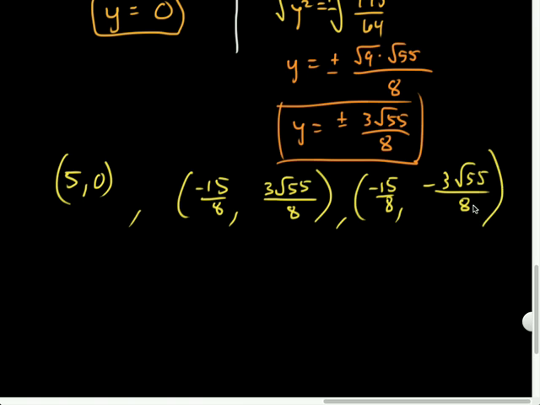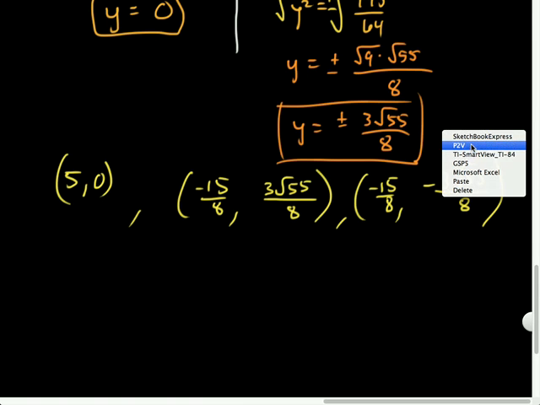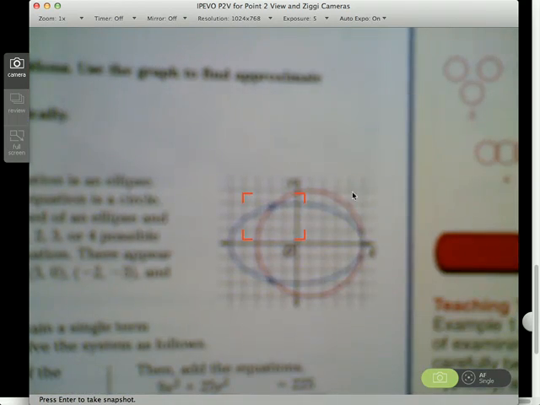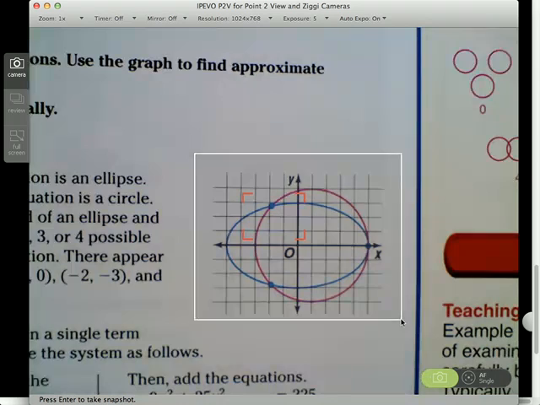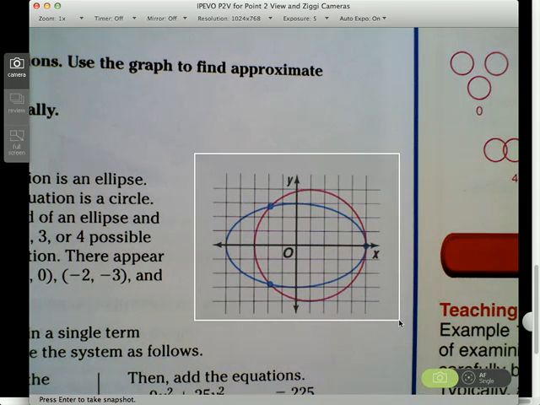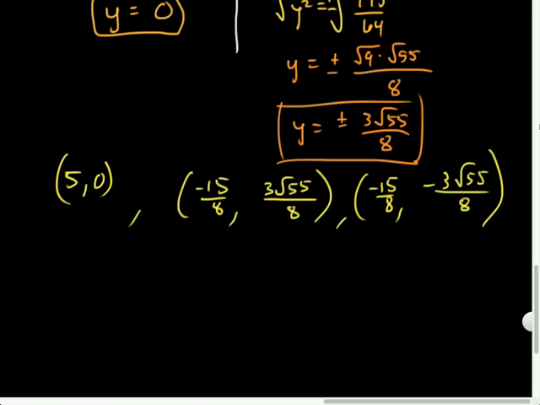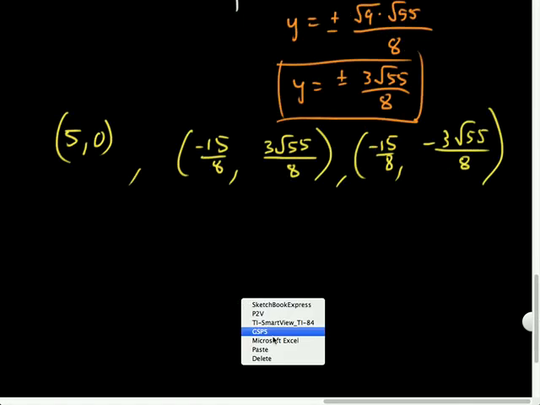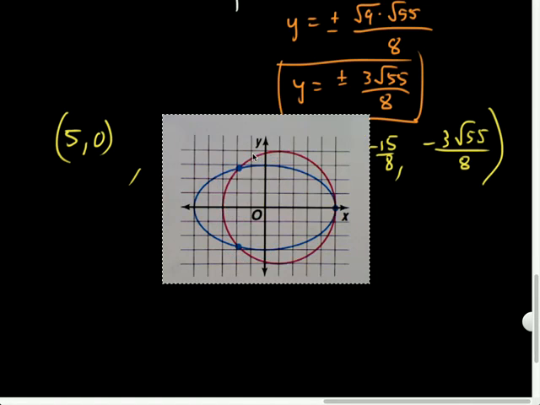So it turns out the solution I have is one in which this is my graph. It was one in which I had 3 solutions, which were the ones we just mentioned.